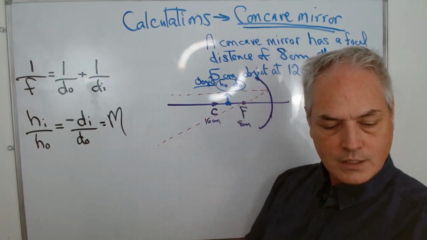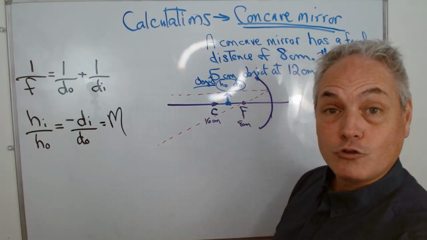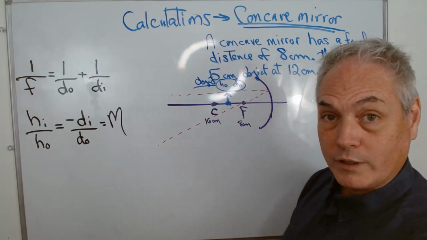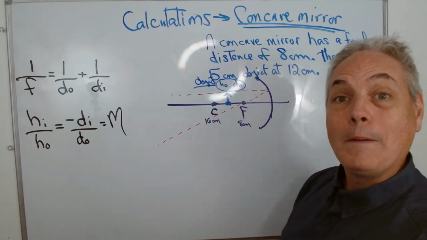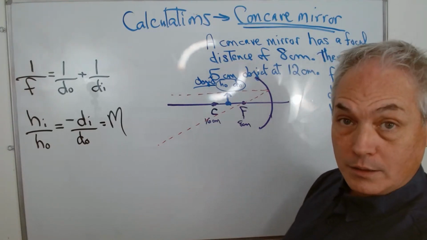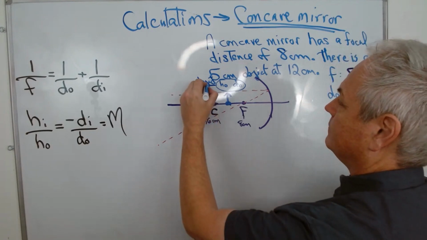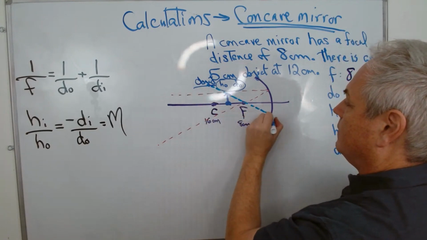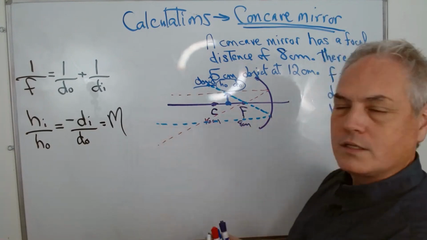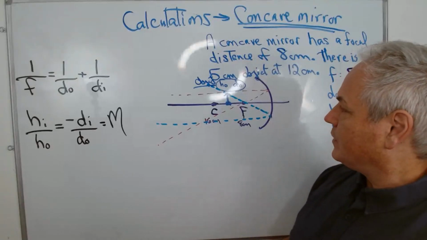Like this. Now what's interesting is that if I go for another ray that goes through the focal point, then it will be reflected parallel to the principal axis, something like this. Okay, so that's good.